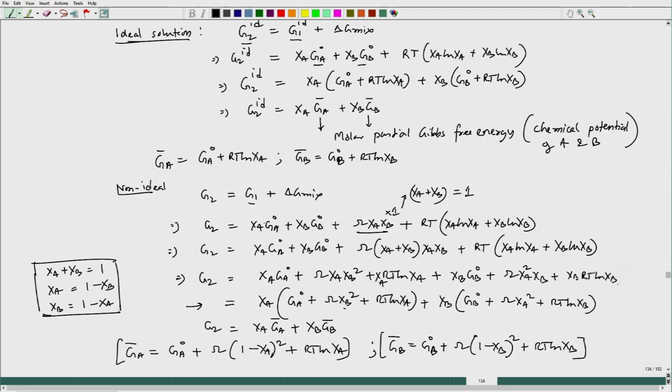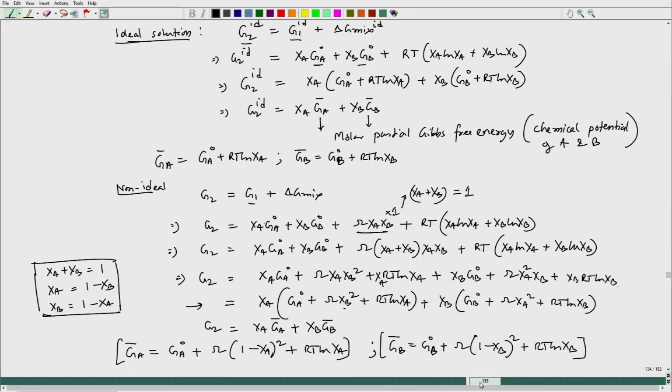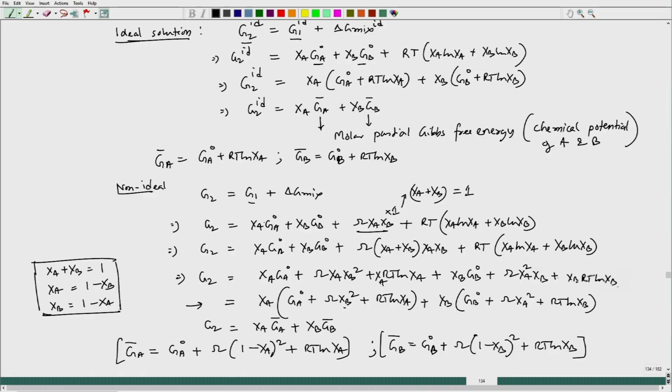I missed a term here. When we treated the ideal solution, please put this delta G mix should also be ideal. Okay. Now, once we get this, we could see that in the ideal case, we express those chemical potentials differently than in the non-ideal case.